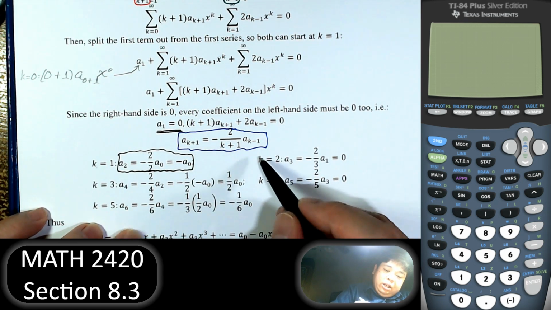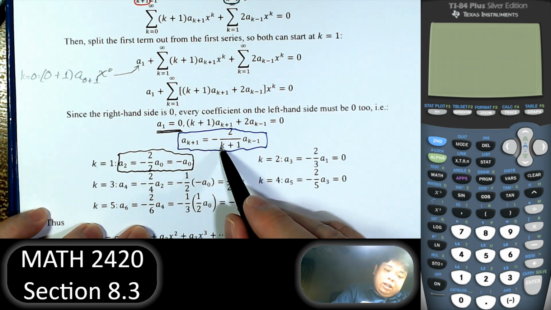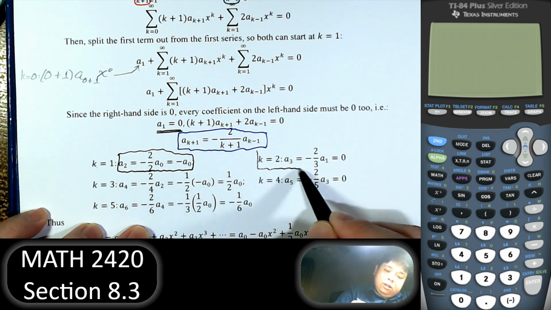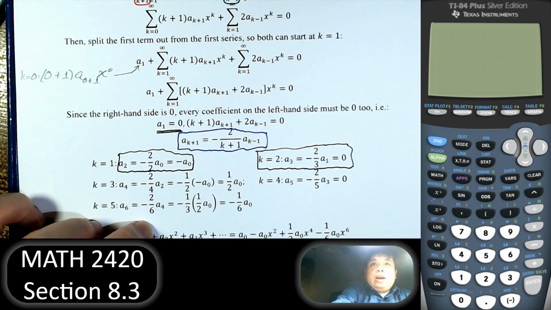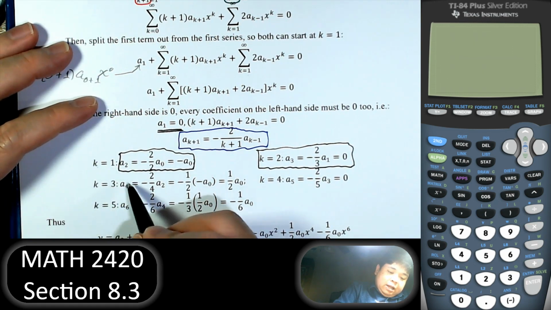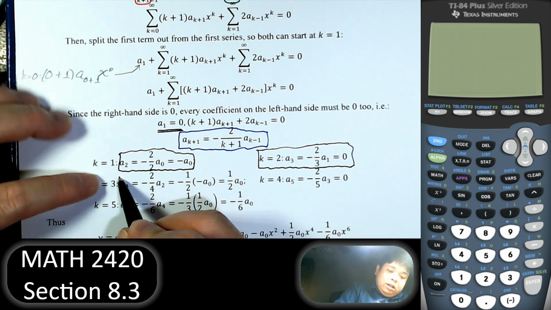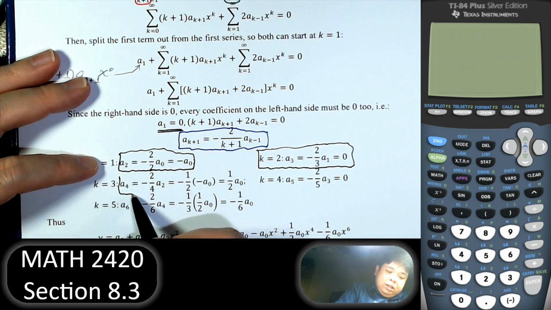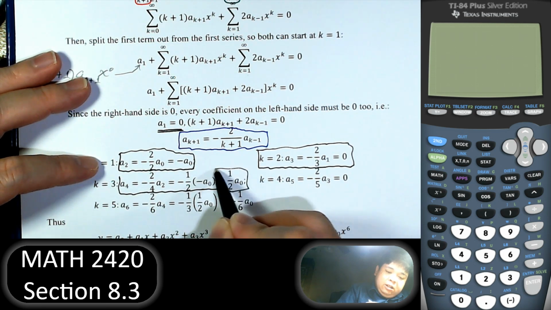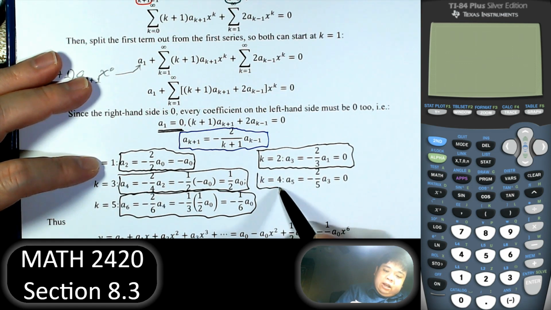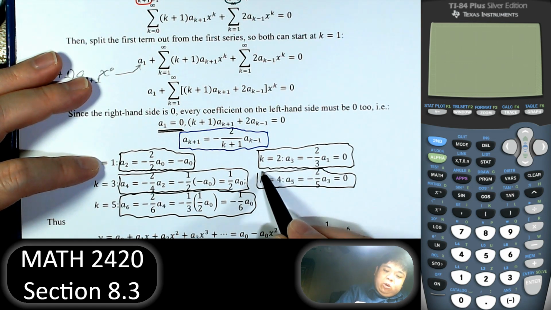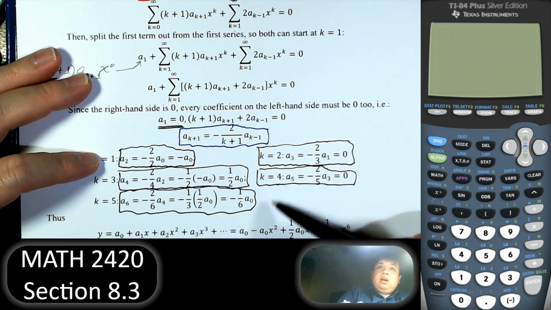If we want a3, we're going to put 2 in for k. That's what we have. And if we want a4, k equal to 3, and we have this. And then a6 and a5. Right, we can see that on the even terms, on the k even, it's going to be 0.